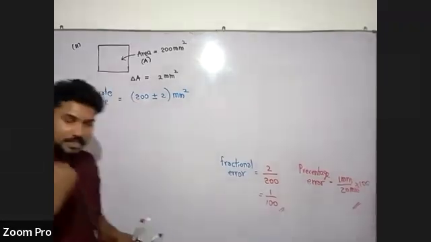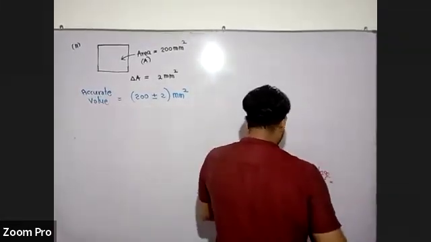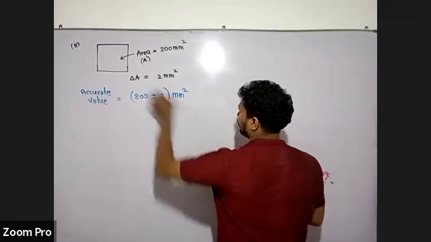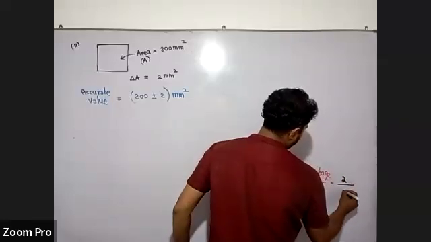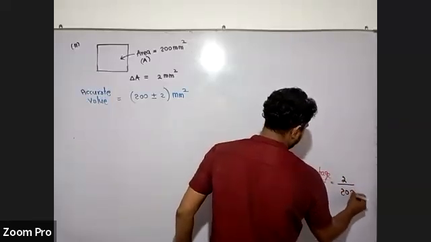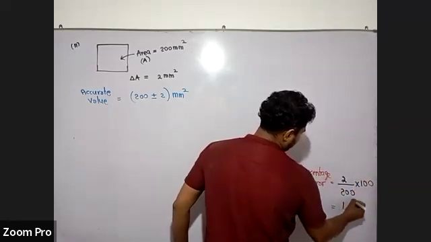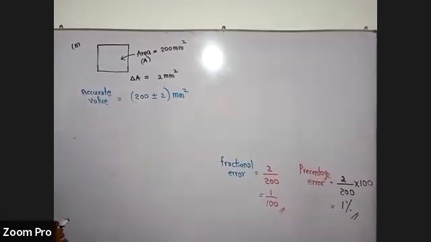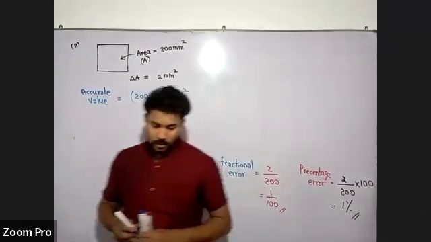And if someone asks for the percentage error, it should be the maximum possible error or the least count, which equals 2 over measured value 200, into 100. So this is the way that we express the fractional error and the percentage error by looking at the measured value and the error.